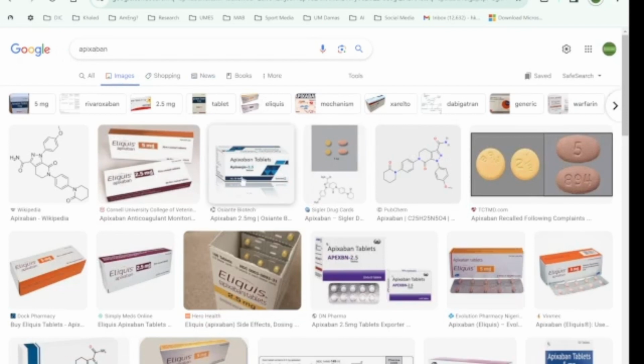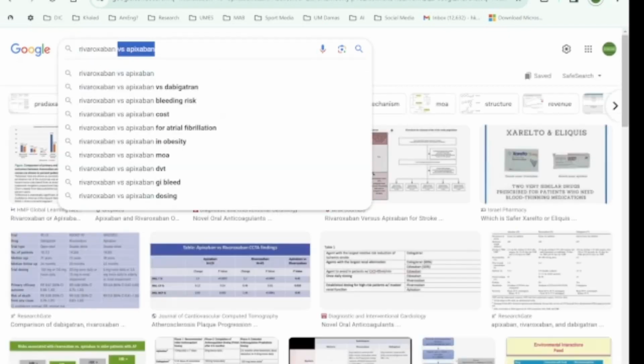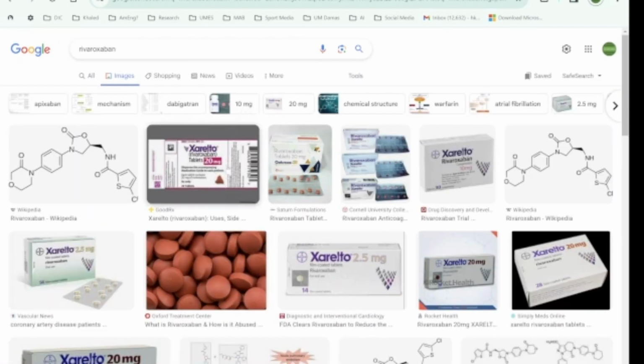So you can see here apixaban tablet, and the brand name Eliquis. Another one, rivaroxaban, Xarelto, rivaroxaban tablet, also available in 10 milligram and 20 milligram.